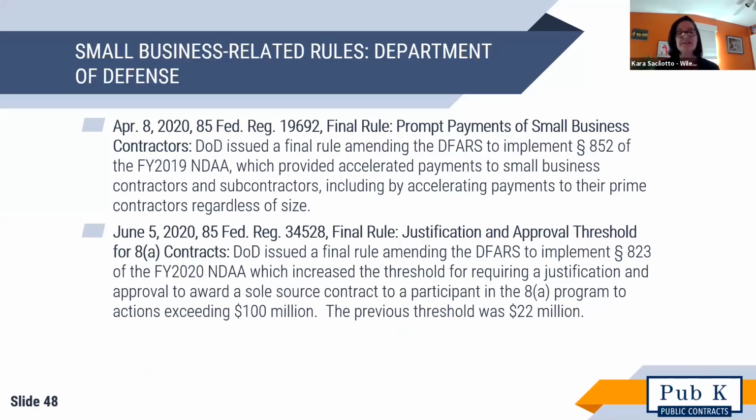Okay, the first bullet here addresses the Department of Defense final rule that amends the DFARS to implement Section 852 of the fiscal year 19 NDAA regarding accelerated payments to small business contractors and subcontractors. The final rule expresses a goal, not a mandate, of paying small businesses within 15 days of when the prime contractor receives payment from the government.